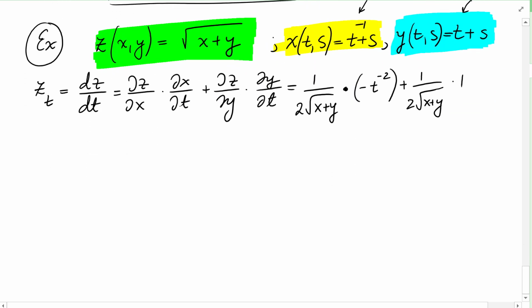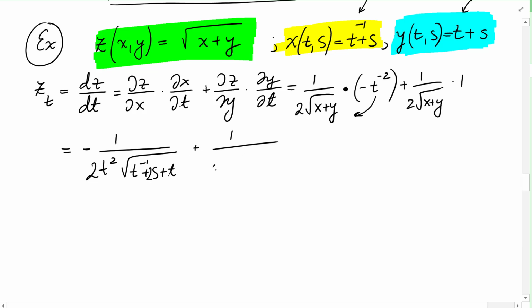So this function is equal to, we can put negative in front, 1 over, I can move this t to negative 2 as t to the second, and then 2 square root of x plus y. So I can say t to negative 1 plus s plus t plus s, so that would make it 2s here, plus 1 over 2 square root of t to negative 1 plus t plus 2s. So this would be the derivative of z with respect to t.